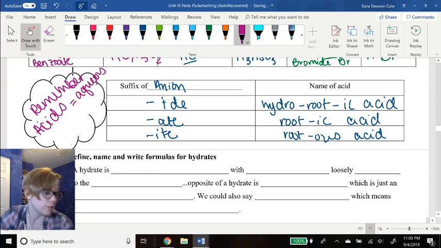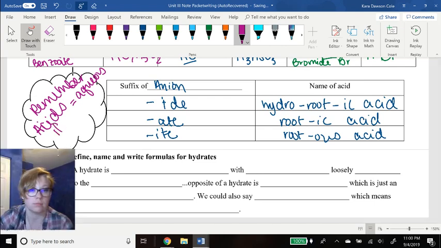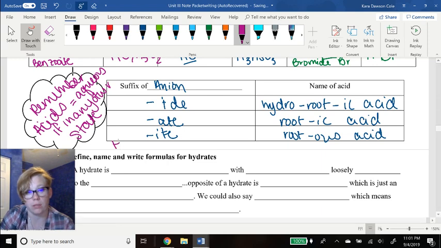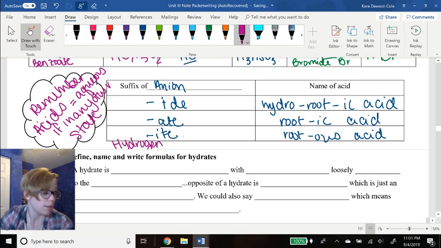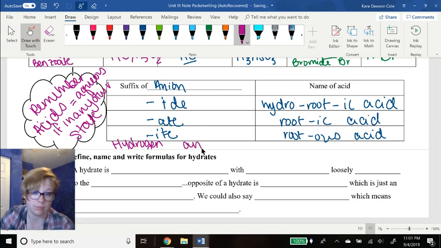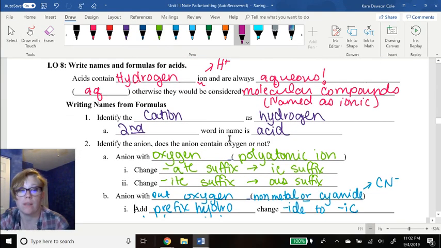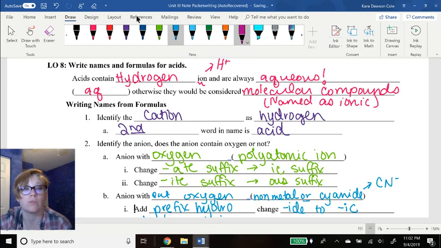If they are in any other state, you write hydrogen and the anion name, whatever the anion is. So hydrogen chloride is HCl gas. So that was learning objective 8, which was to name and write formulas for acids.